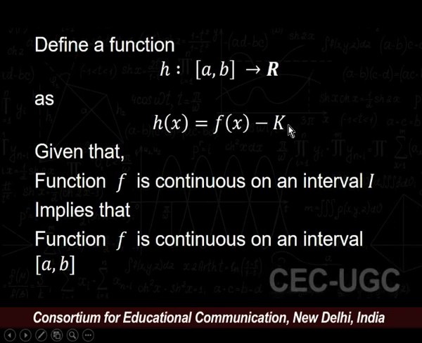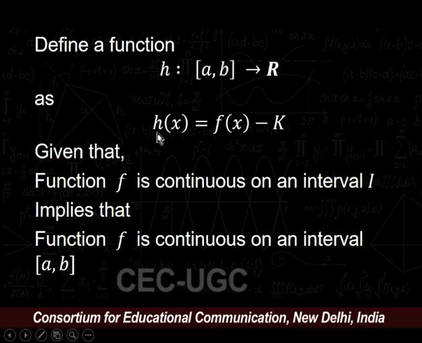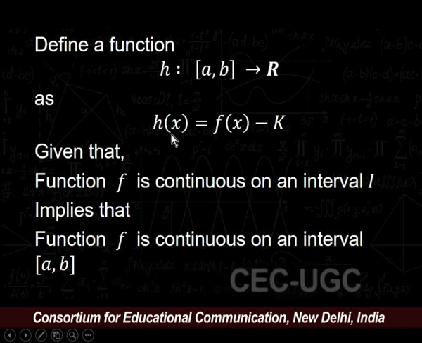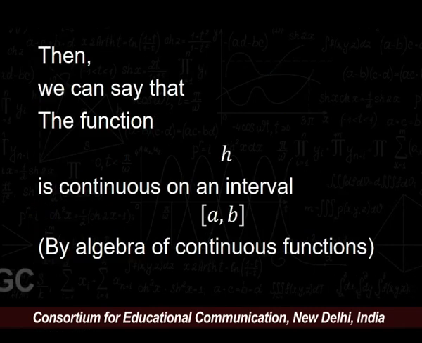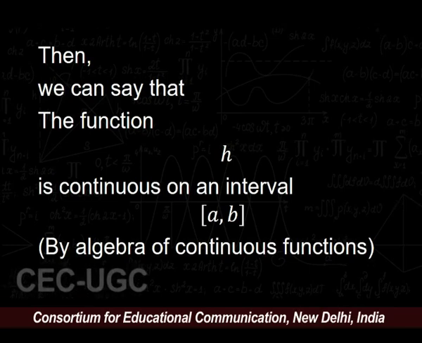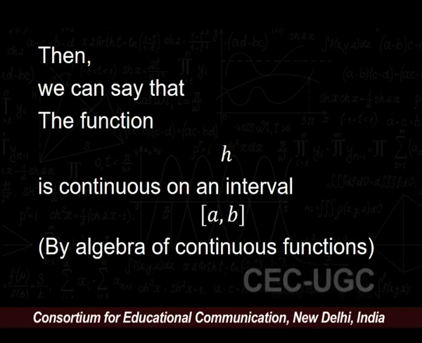As given in the statement, the function f of x is continuous on the interval I. This implies that the new function h of x is also continuous on the interval I by the algebra of continuous functions. Then we can say that the function h is continuous on the interval a comma b.